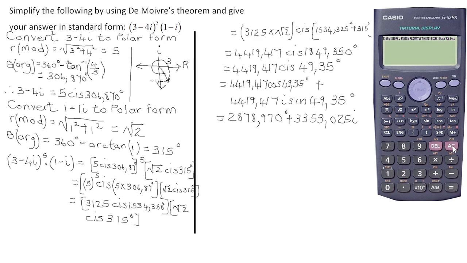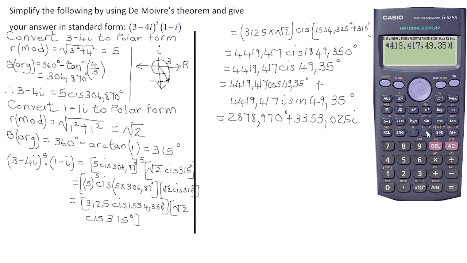Now let's check whether we have converted correctly from polar form to rectangular form by using the calculator. So we want to convert now to rectangular form, so you're going to have shift rectangular, and then you put in your modulus first, 4419.417. Then shift, then you put in your angle, 49.35.